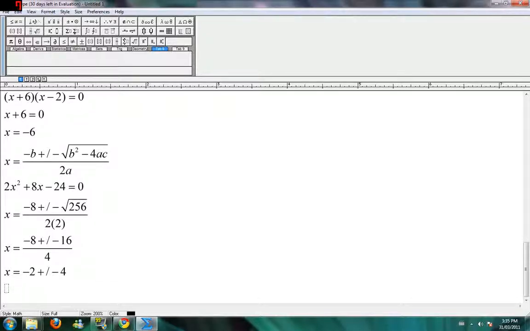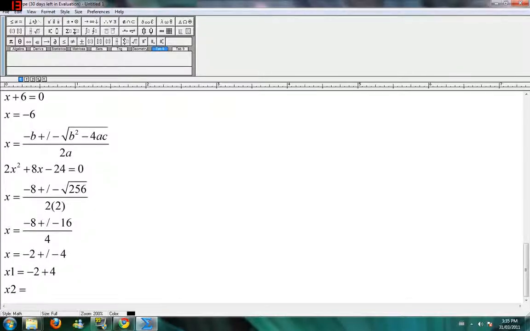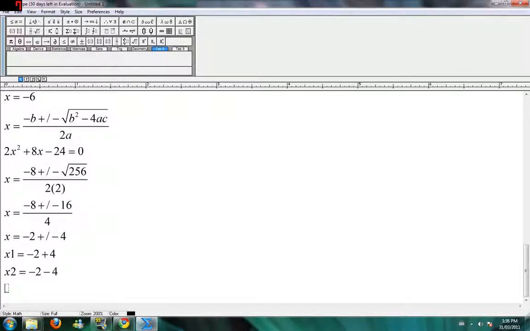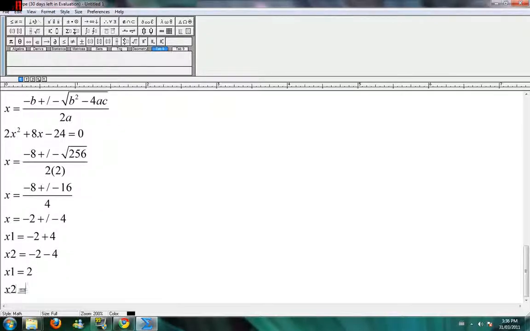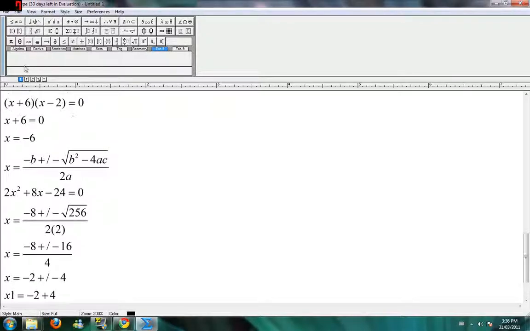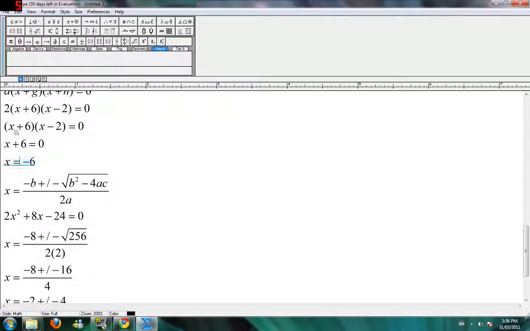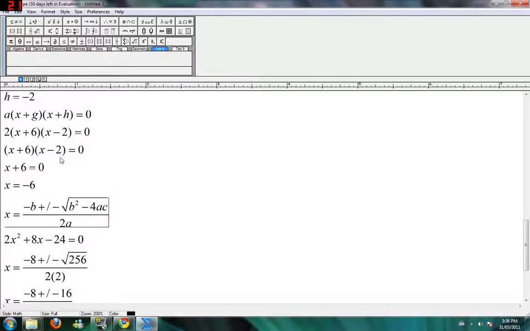So this will give us two possibilities: negative 2 plus 4, or negative 2 minus 4. For our x1, we have the plus, so that will equal 2. And for our x2, we have the minus, which will equal negative 6. As we saw above, our x is equal to negative 6 for one of them, and for the other one, it would be equal to 2.